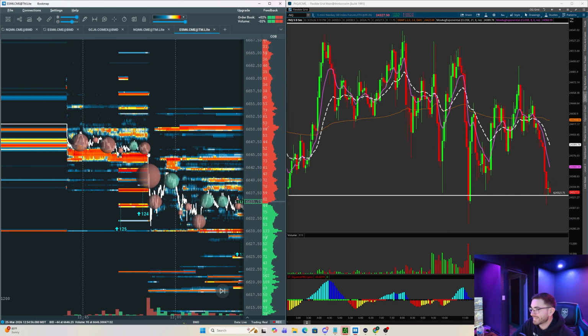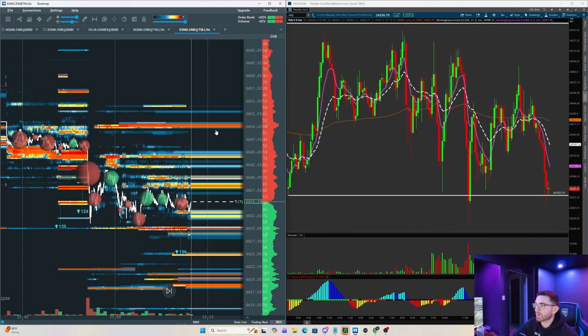You want to see price take out all of those buyers at that area, as we see right here. So once we broke below it, and again, this is a scenario, imagine we didn't have buyers on this move down. It was just simply light blue, white, dark blue. Then there's a good chance when you take out that low that price is going to trade lower into the next area where buyers are present, and vice versa.